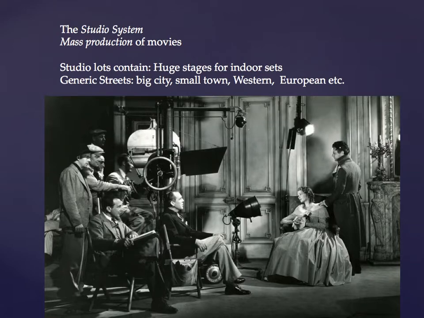The studio lots had huge stages for indoor sets. They had generic streets, a big city street and a small town street and a western street. Westerns were very popular. And a European brick street. And they would save all that stuff, right? They would save these costumes and things, and of course the lights and the cameras. They didn't have to recreate the wheel every time they made a movie.